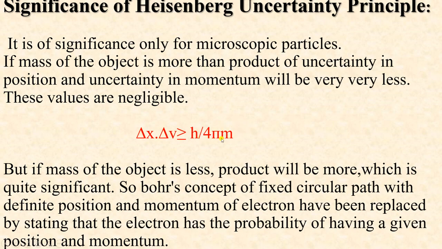Here if m is more, then delta x into delta V will be less. This product will be less if the mass of the object is more. And if mass is less, that means for microscopic particles, which are of very small size, then the product of delta x into delta V will be more.